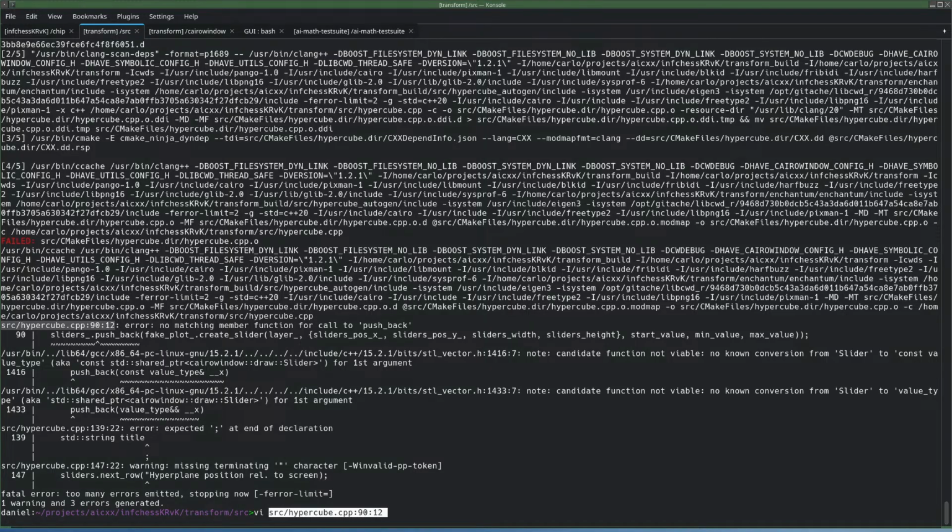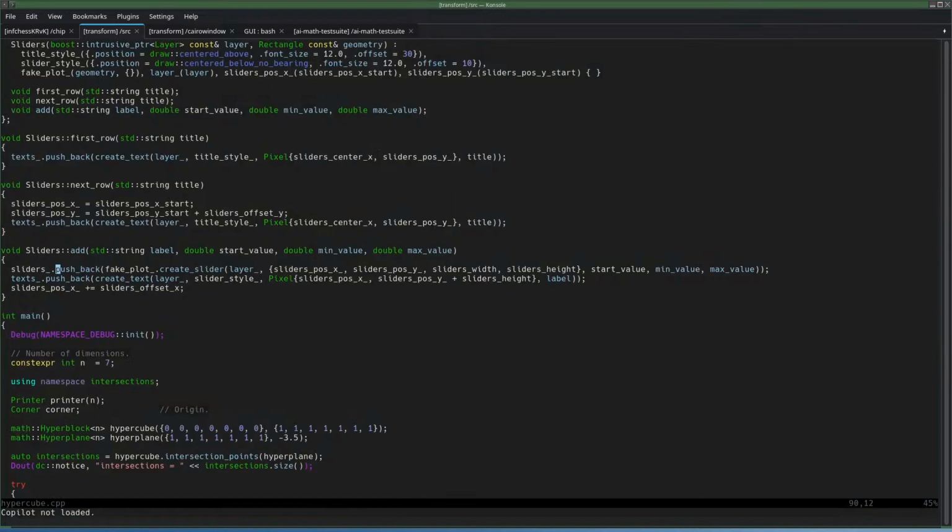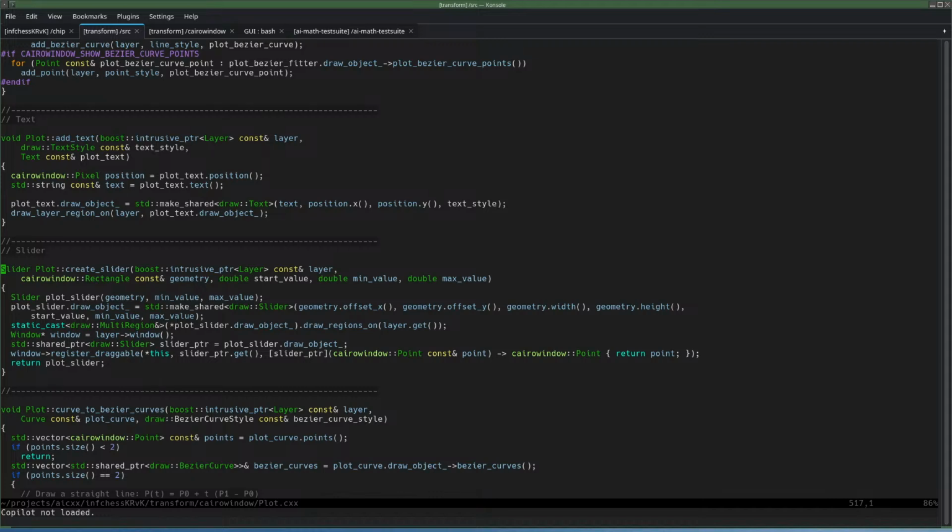Create slider returns a slider. Yep, so it does.